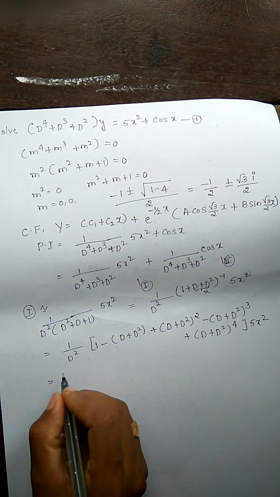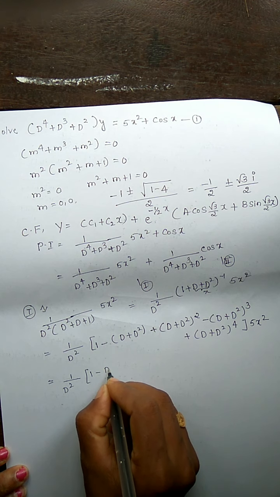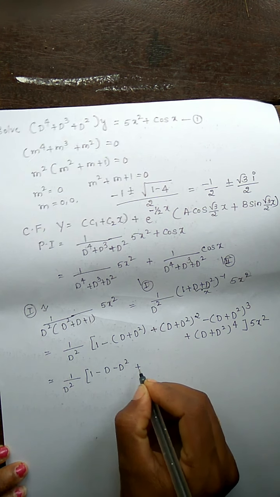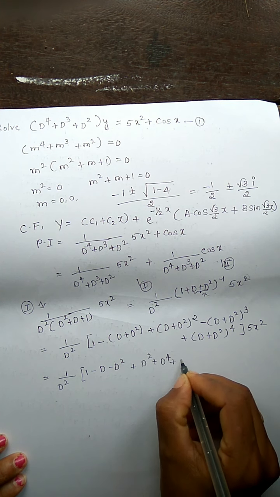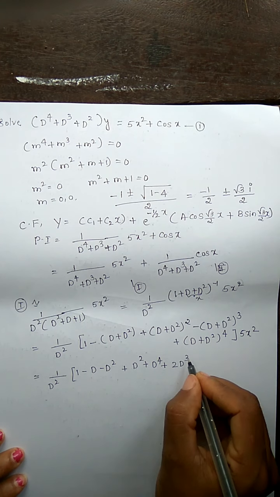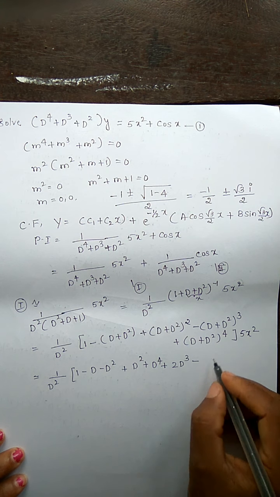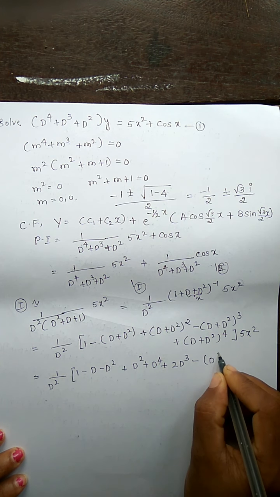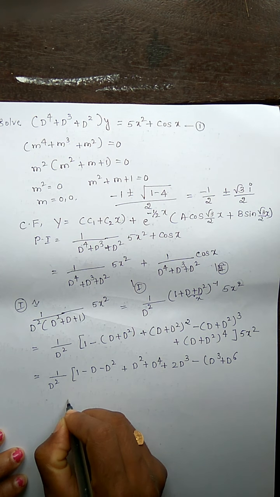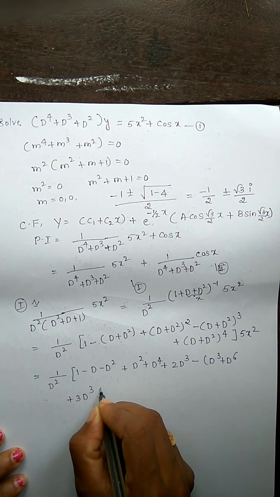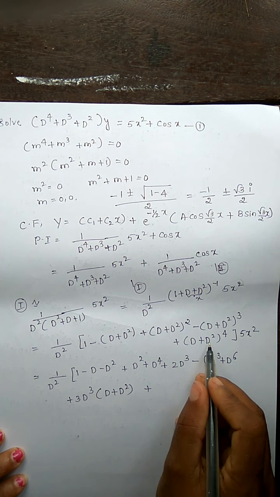This is equal to 1 by D square into 1 minus D plus D square plus D square plus D power 4 plus 2 times D cube. Next, minus, the a plus b whole cube formula you have to apply. So by using that we shall get D cube plus D power 6, I will write here, plus 3 times D cube into D plus D square, plus, by using this now, D plus D square power 4.